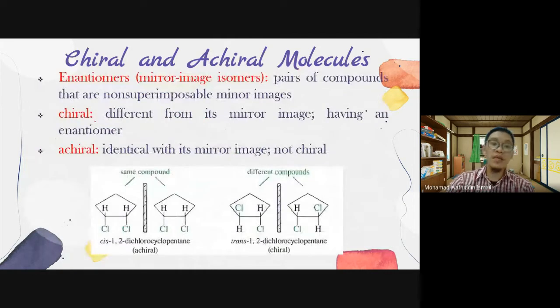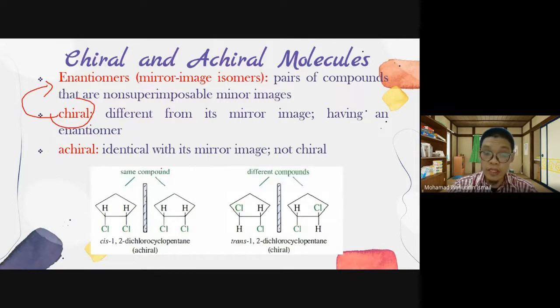These are the idea of enantiomers: a pair of compounds that are non-superimposable mirror images, which contain chiral centers or stereocenters. Chiral means different from its mirror image, having an enantiomer. Achiral means identical with its mirror image. Meaning a chiral molecule will have an enantiomer.